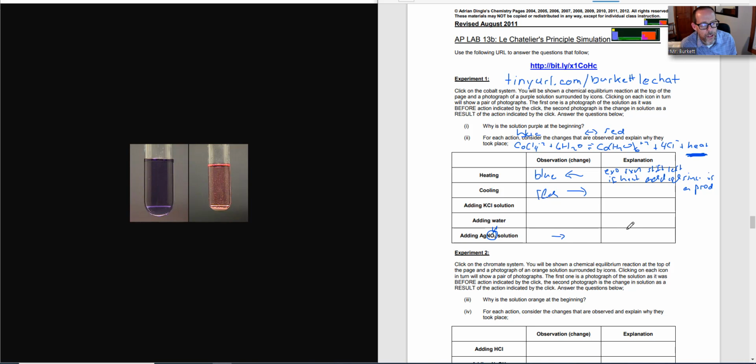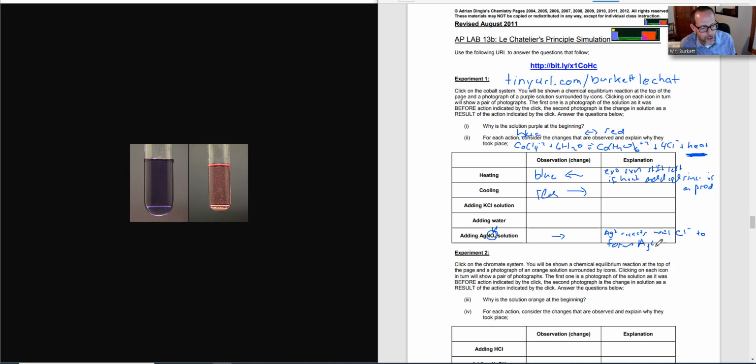What's happening is these silver ions react with Cl minus to form AgCl.